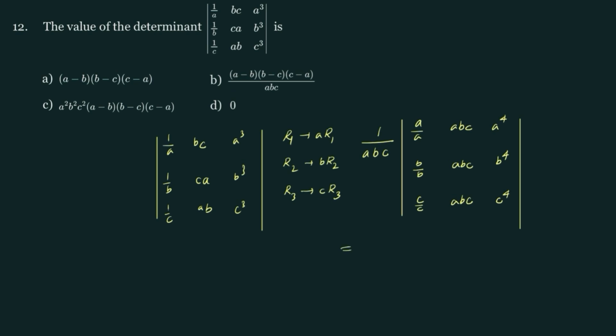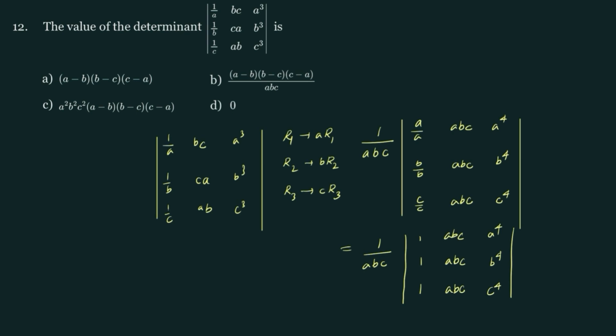This will be equal to 1 over ABC. If I simplify, then column 1 is 1, 1, 1, the second column is ABC, ABC, ABC, and the third column is A to the power 4, B to the power 4, C to the power 4.